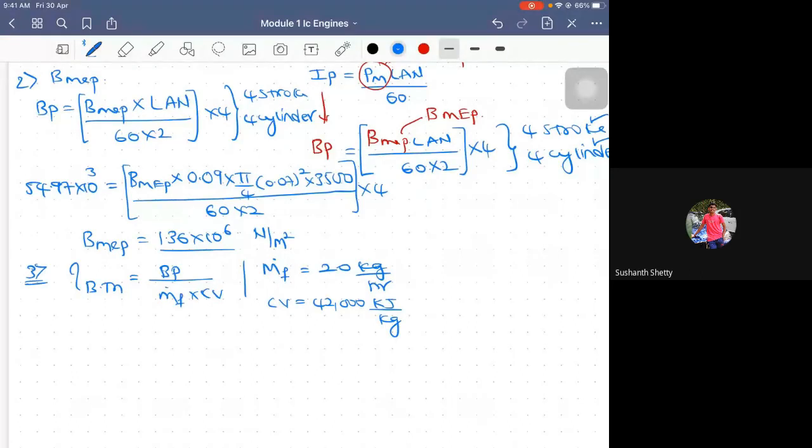So since I have the value of BP in kilowatts, I require even the MF dot CV to be in kilowatts. So if that has to be in kilowatts, in what do I have to substitute the value of MF?